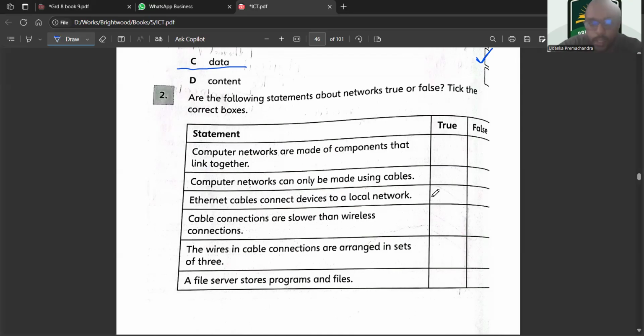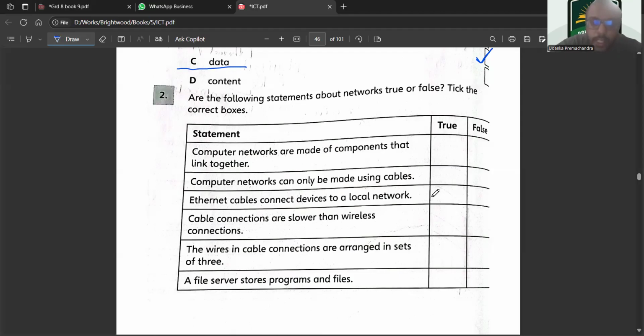So here, computer networks are made of components linked together. What can you say? Yes. Computer networks can only be made using cables. Computer networks have wired and wireless. Do you remember? Ethernet cables connect devices to a local network. Cable connections are slower than wireless connections.